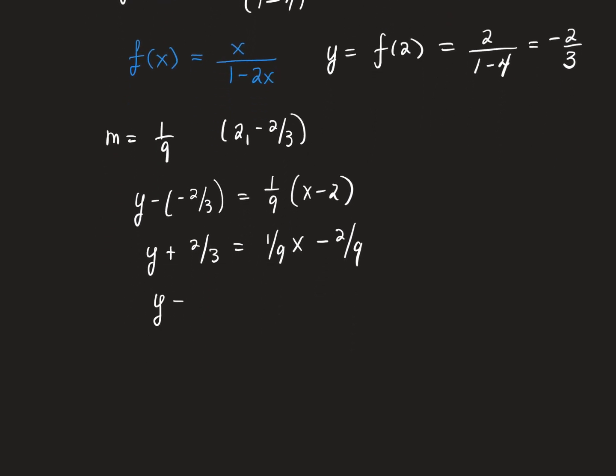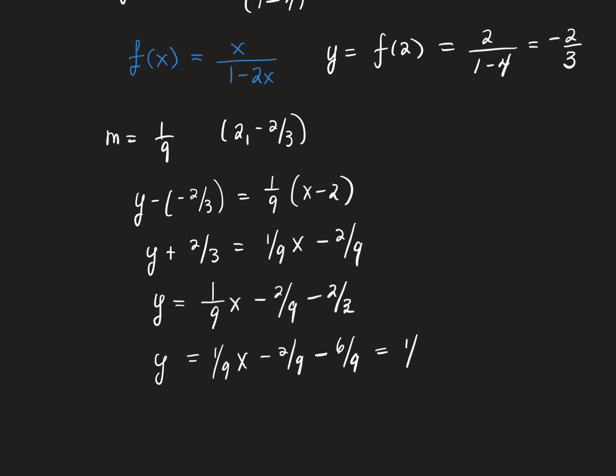So y is equal to 1/9 x minus 2/9 minus 2/3, or 1/9 x minus 2/9 minus 6/9. So my equation is y equals 1/9 x minus 8/9. So that's the equation for the tangent line at that point.